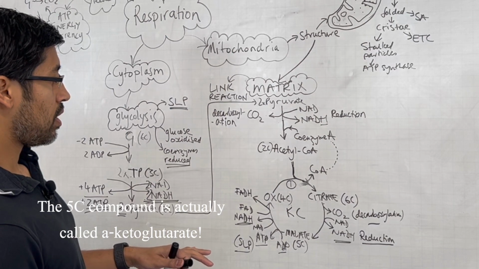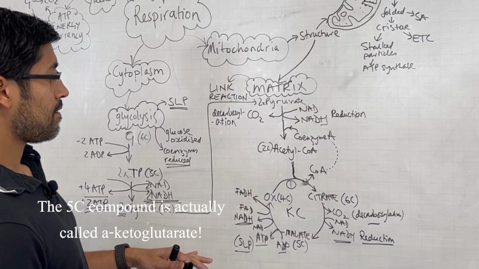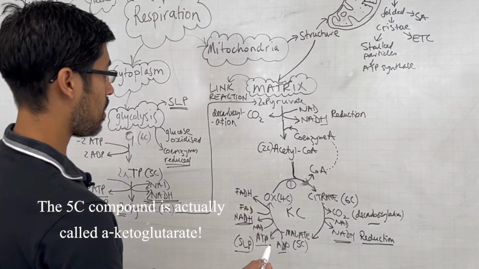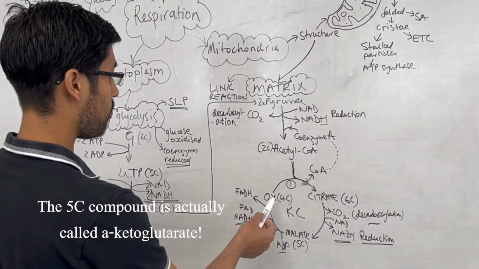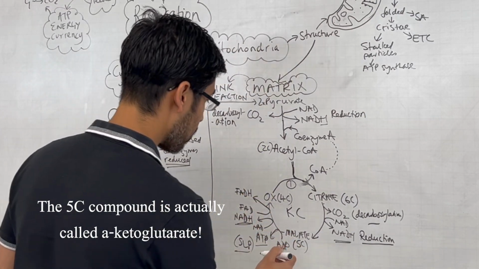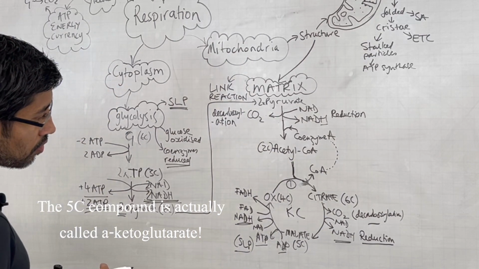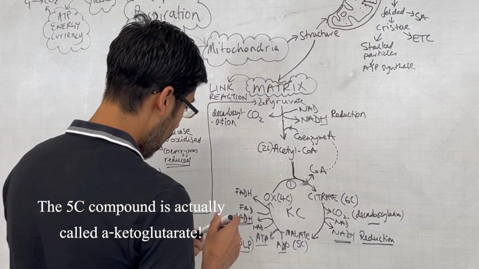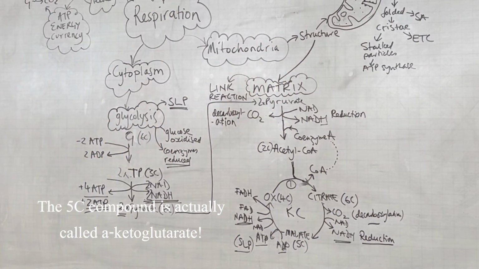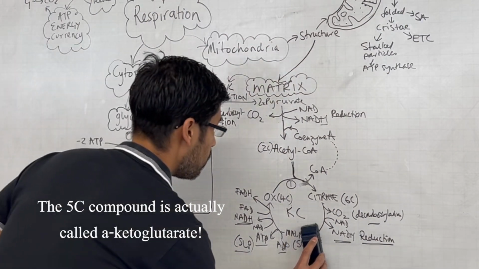Wait a minute, did I forget something? Yes, I did. That's 5 carbon, that's 4 carbon, so we must have had a decarboxylation as well, but not very conveniently, I don't have space to do that.